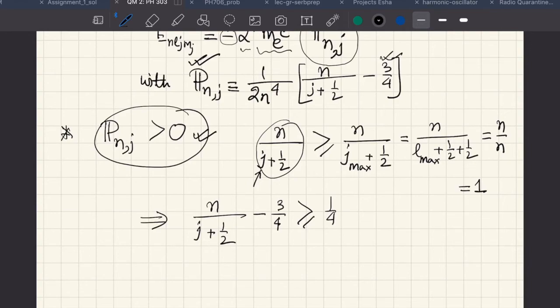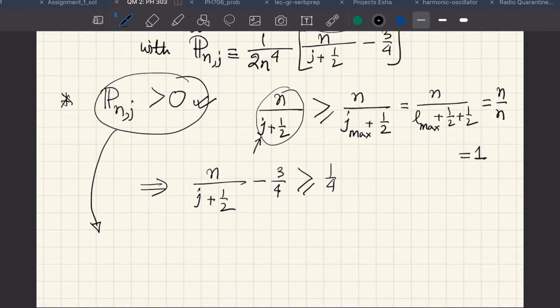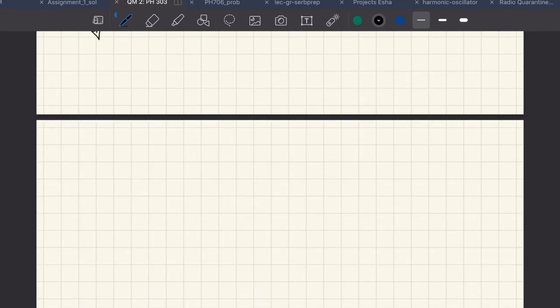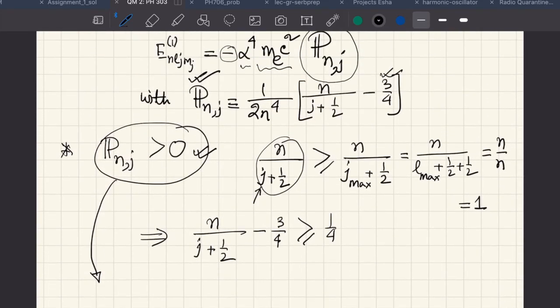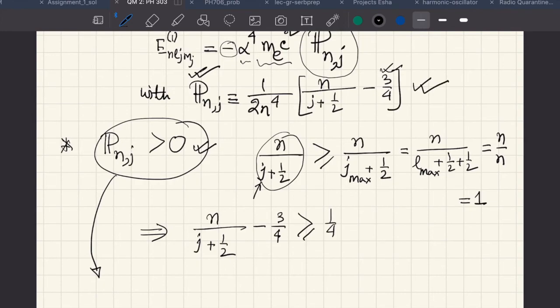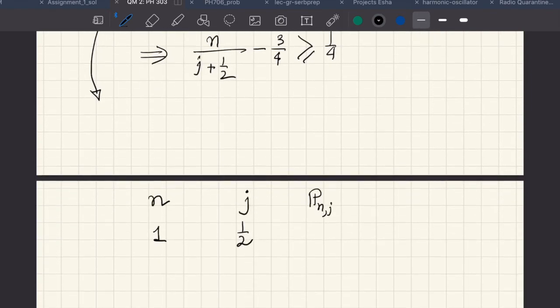And as N increases, splitting falls off like 1 by N cube. In fact, you can prepare a table for these P N J values. For example, you can choose the value of N and J and see what P N J is. If you choose N equal to 1 and J equal to half, then you can use this expression of P N J and you will get 1 by 8.